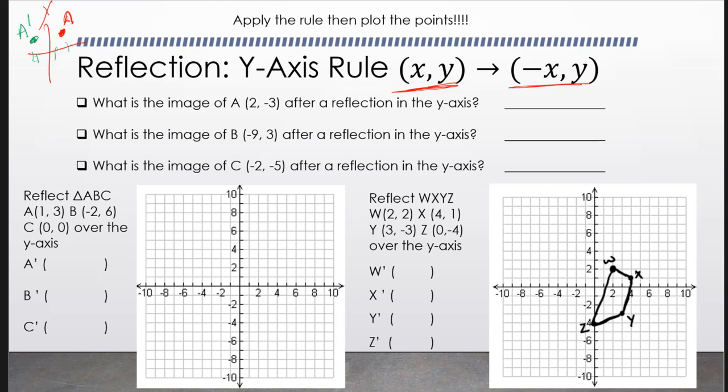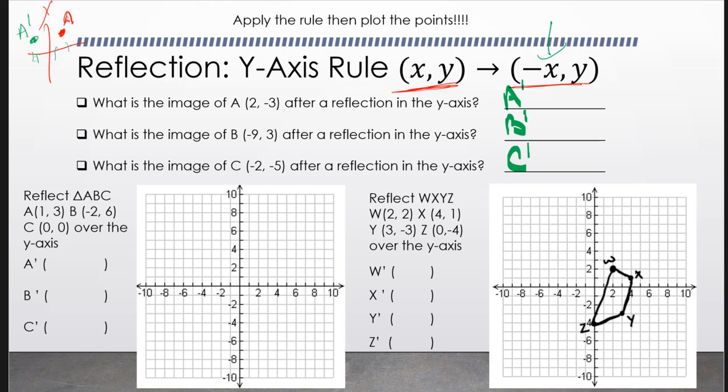So it should make sense that my x's are changing signs. So again, y-axis, x changes; x-axis, y changes sign. And this just means that it changes sign. It doesn't have to be negative. That's not what it means. It just means there's a sign change. So I'm going to list out these new coordinates, A prime, B prime, C prime.